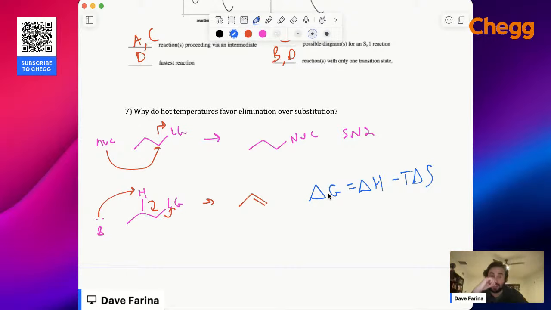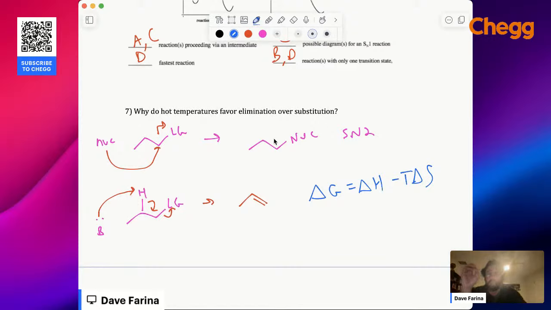If delta G is positive, it is non-spontaneous or endergonic. Delta H is enthalpy, which is basically change in energy if it were at constant pressure. So it's exothermic if it is negative and releasing energy. If it is positive, it is endothermic, it is absorbing energy. T is the temperature, in Kelvin, and delta S is change in entropy. Change in entropy is measuring the dispersal of matter and energy in the system.